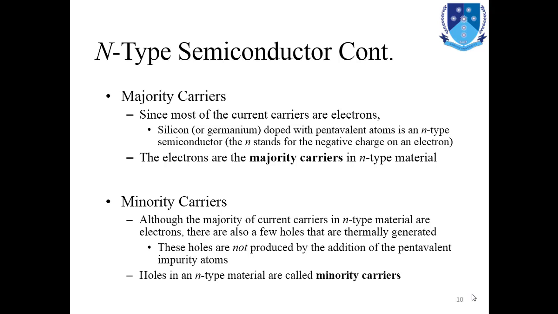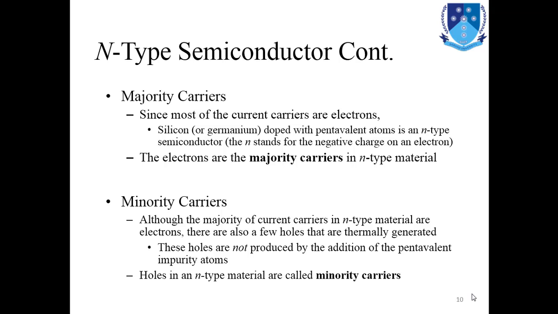So we can say that there are a lot of extra negative charge particles, or current carriers, as electrons. The electrons are the majority carriers in an n-type material.